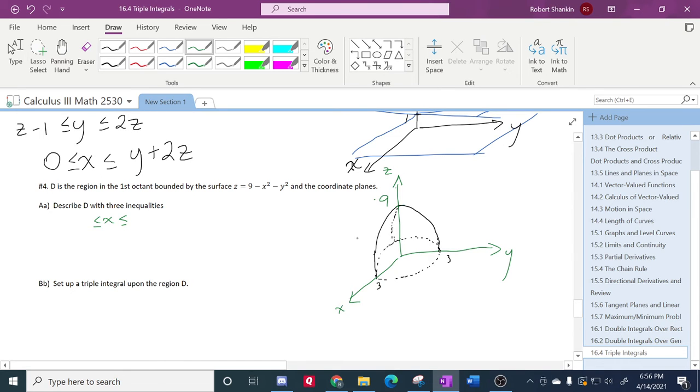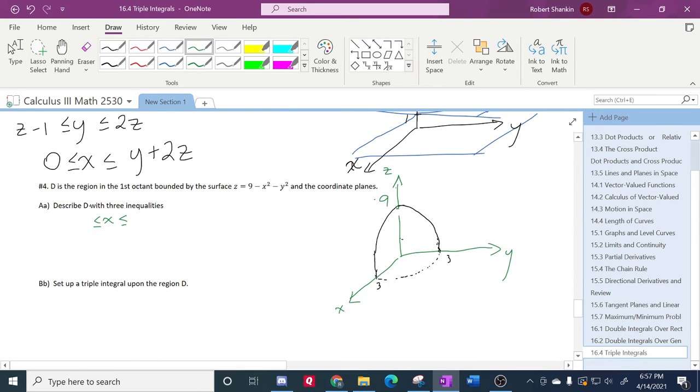Now, this is just in the first octant, so those parts in the background are going to be gone, because it's just where x and y are both positive directly above this.